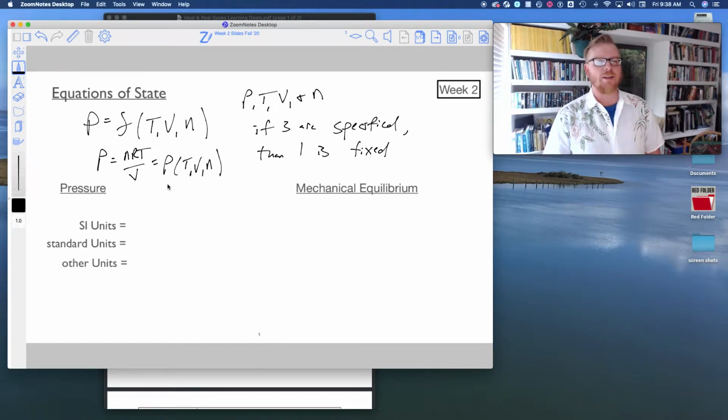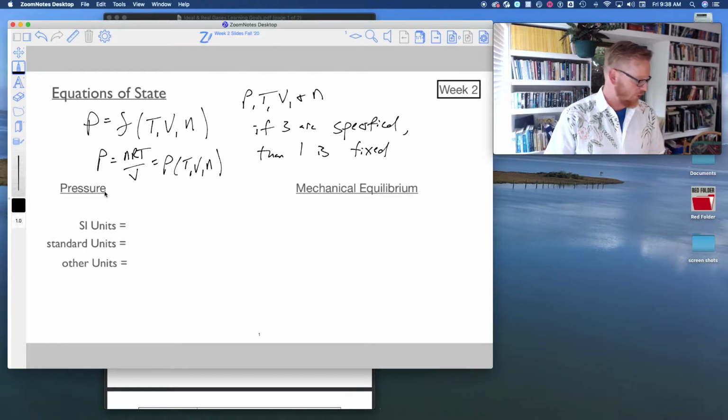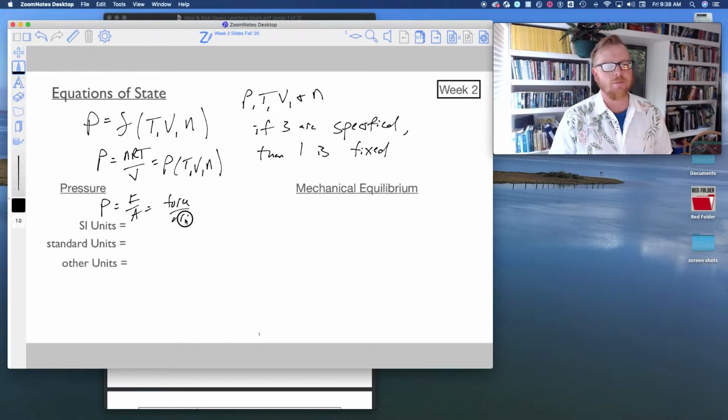So more into the equation of state of pressure, or just pressure in general. I talked about this on our first lecture. Pressure is force over area, okay? One common unit of pressure that you're probably all familiar with is pounds per square inch, right?